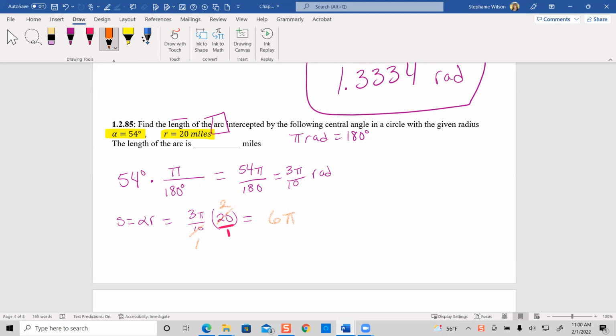And now we're going to stick this in our calculator, 6 pi, and get approximately, and let's round out to 4 decimal places. And this is what I get: 18.8496 miles.